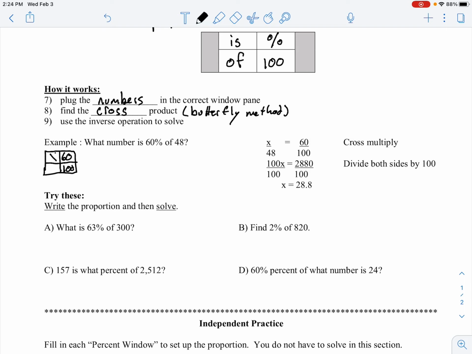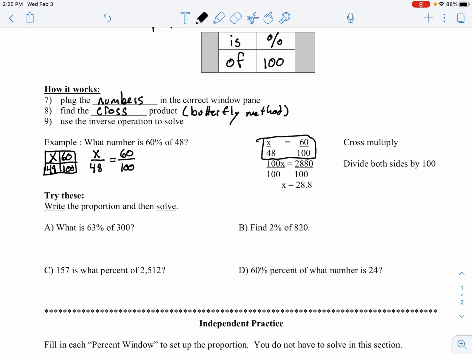So we do not know what that number is, but we do know we're taking it of 48. So this window directly makes our ratios for us in order to solve the proportion. So we'll get x over 48 equals 60 out of 100. That's how they got to this section right here, from that window pane.